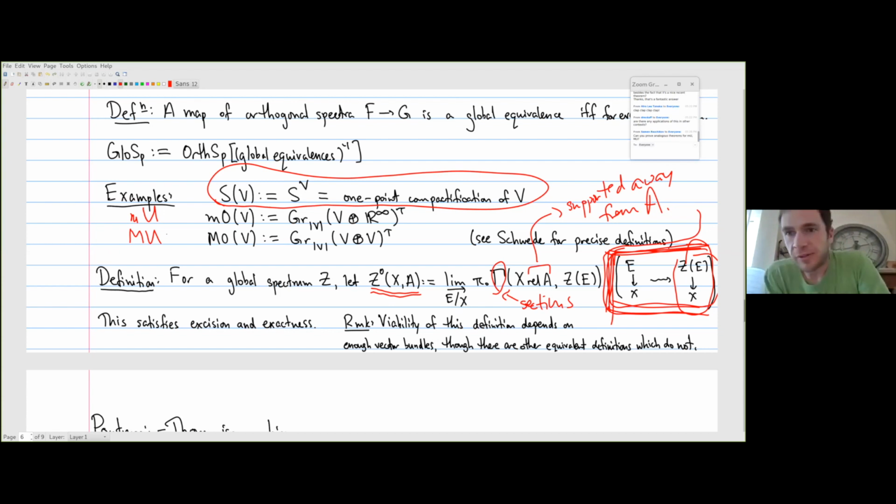One way you might try to define these spectra is by taking these definitions here, and saying, well, I want to replace this Grassmannian with the Grassmannian of not real subspaces, but real subspaces equipped with a complex structure, or real subspaces equipped with a stable almost complex structure, or maybe I really want to put a stable almost complex structure on the complement, or something like that.